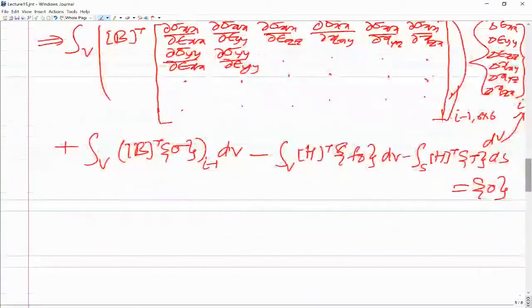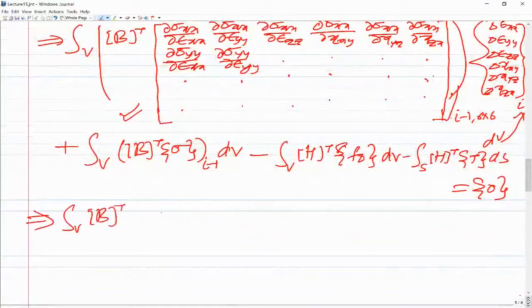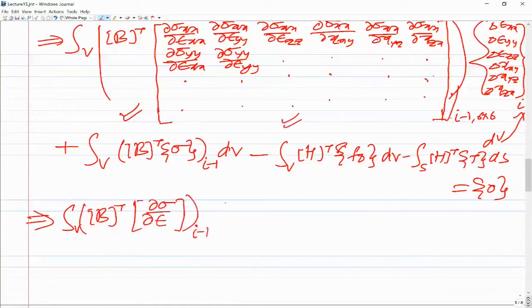Now what we can do is write this equation in symbolic form. The first term, the integration over volume of B transpose and this whole 6 by 6 matrix, I write as the derivative of stress with respect to strain, del sigma by del epsilon, evaluated at the I minus 1th iteration, into delta epsilon, which is calculated for the ith iteration, into dV.